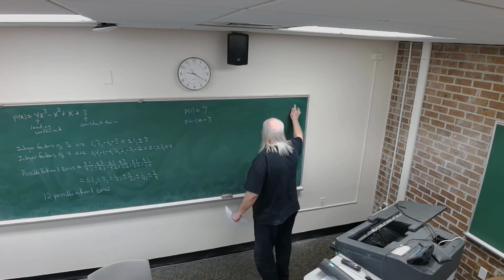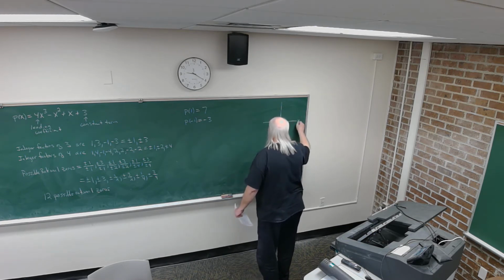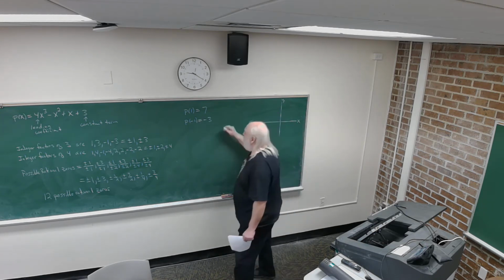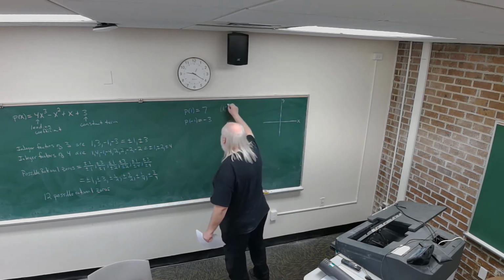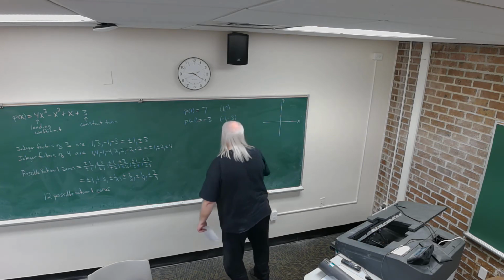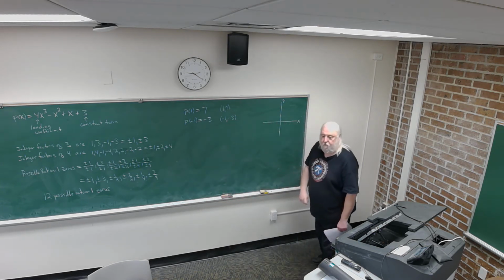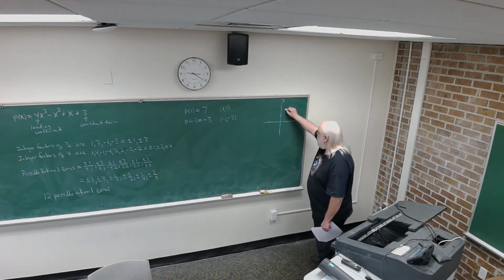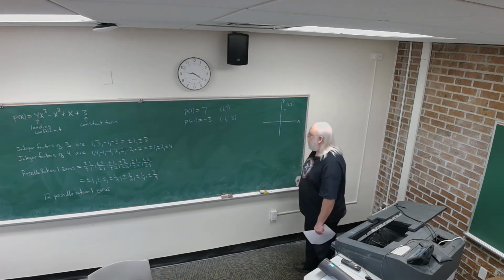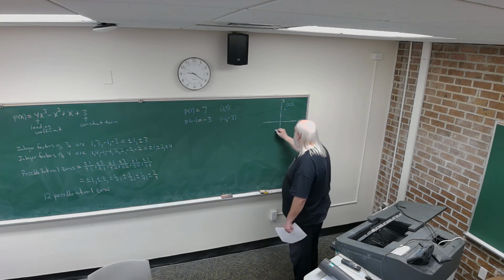Polynomial functions are continuous. This means that the point (1, 7) is on the graph of the polynomial function, and the point (-1, -3) is on the graph of this polynomial function. So here's the point (1, 7), and here's the point (-1, -3).